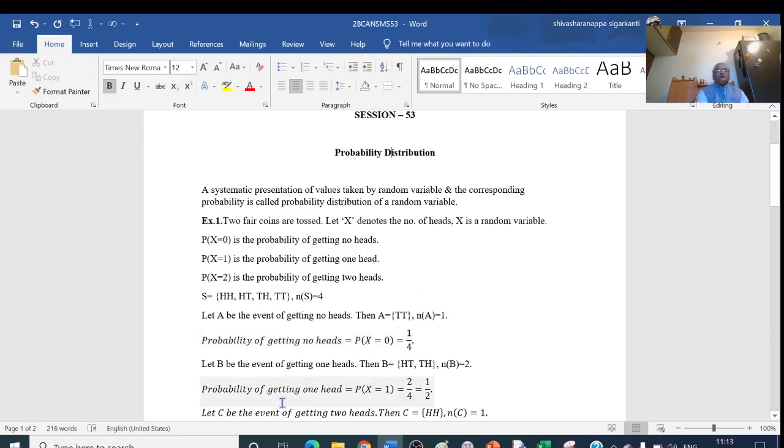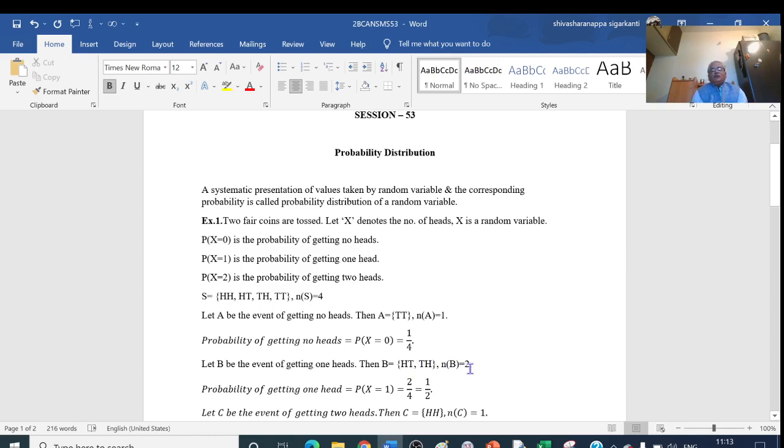Next, let B be the event of getting only one head. Here we have two heads in one outcome, one head in this outcome, one head in this outcome, and no heads in the last. So B is the set consisting of HT and TH, which has two elements, that is n of B is equal to 2.